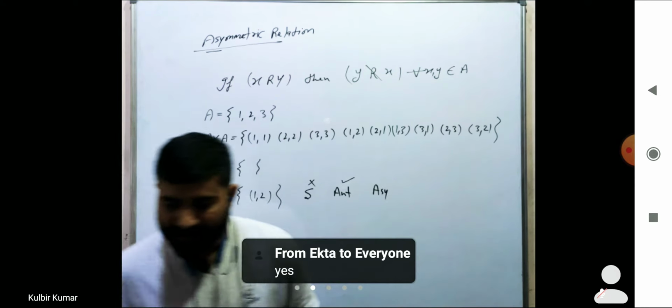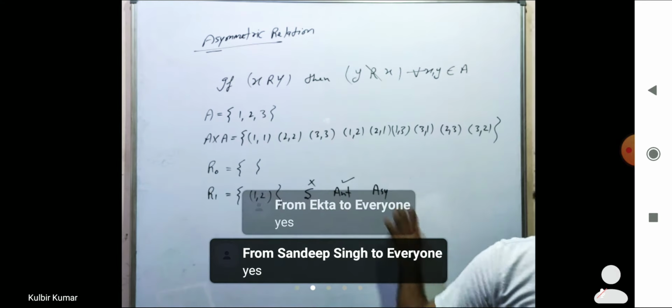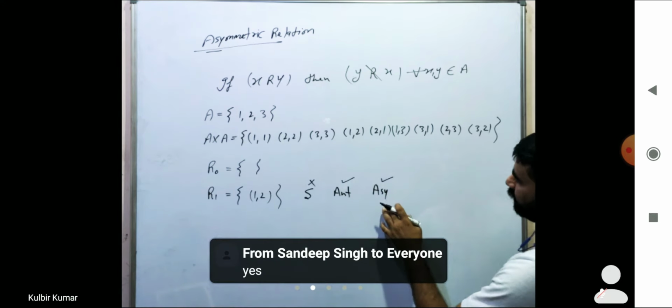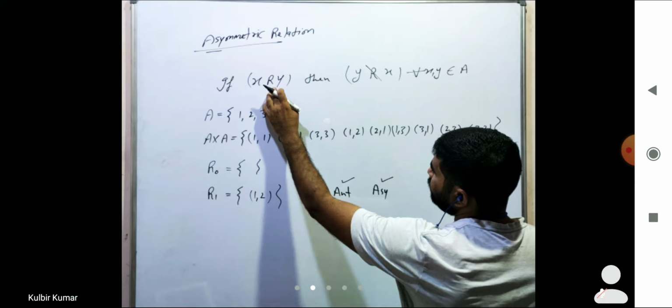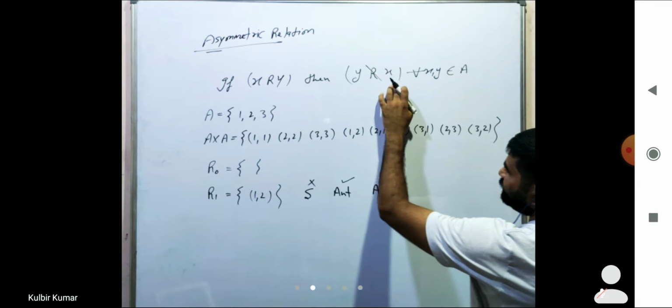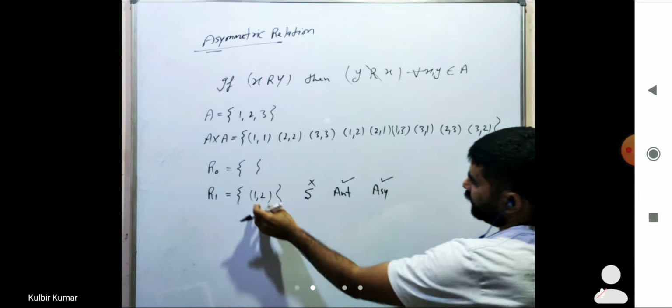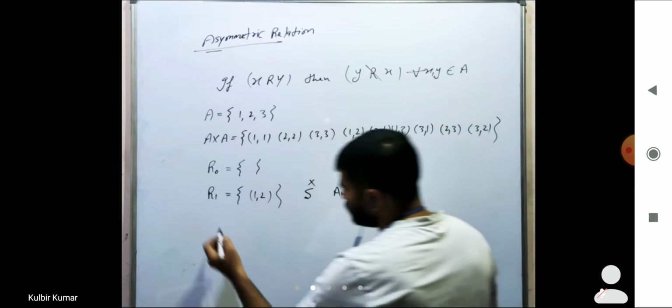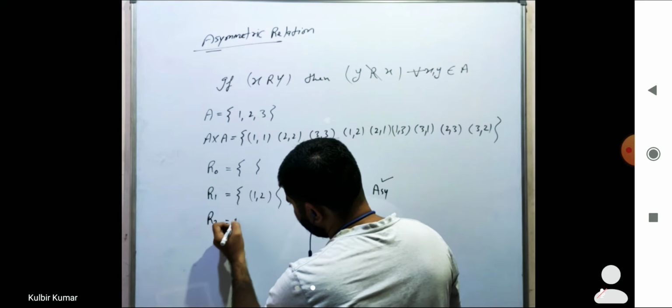Yes, this relation is asymmetric also. Why? Because it says if x relates to y, then y relates to x is not possible. तो y relate x तो यहाँ पे है नहीं, इसका मतलब क्या हुआ? It is asymmetric type.